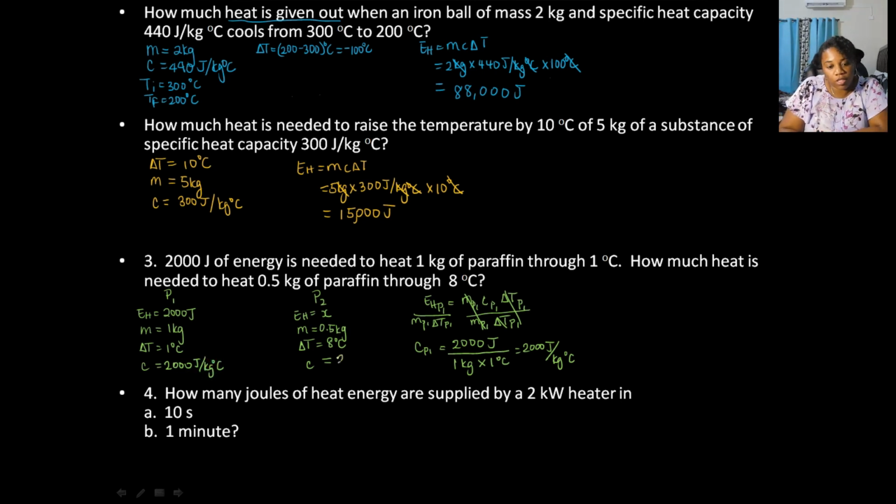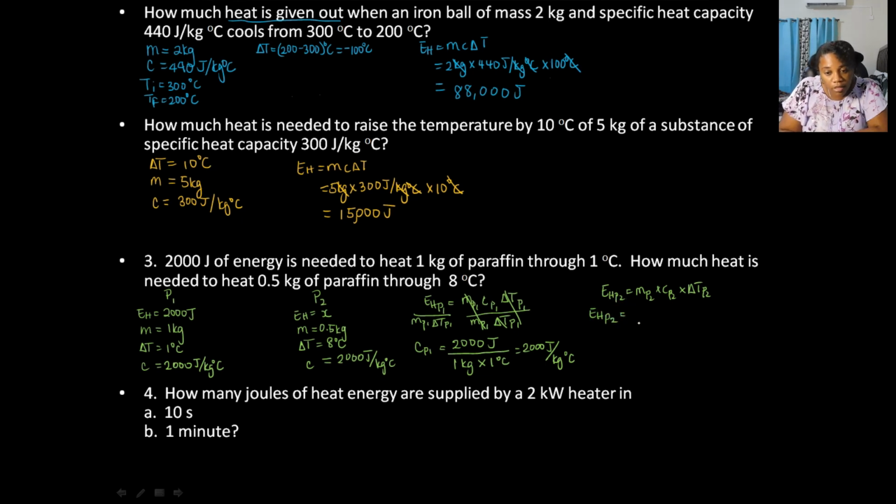So now we know what the specific heat capacity is. I can put it over here, and now we could solve the heat needed. So it did indeed need it. So my bad, sorry about that. So now we're going to solve for EH of P2. So EH P2 is equal to M P2 times C P2 times delta T P2. And we don't have to transpose anything because everything is already set.